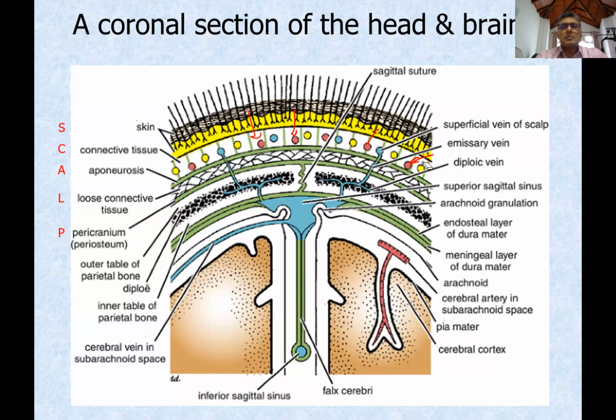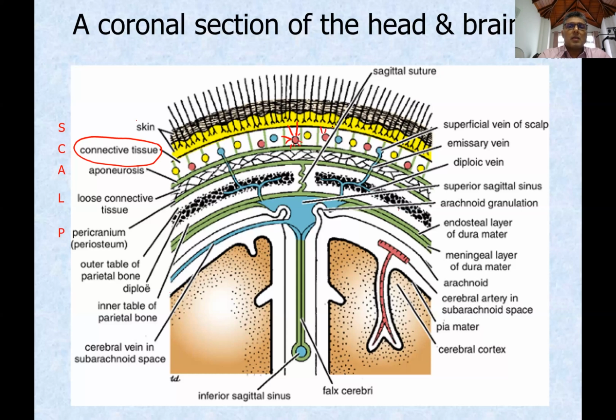Now these blood vessels, you can see they lie in the connective tissue layer. So they lie in the connective tissue layer, and there are a lot of fibrous bands, collagen fibers in the connective tissue layer. They bind these arteries, the wall of the arteries all around.